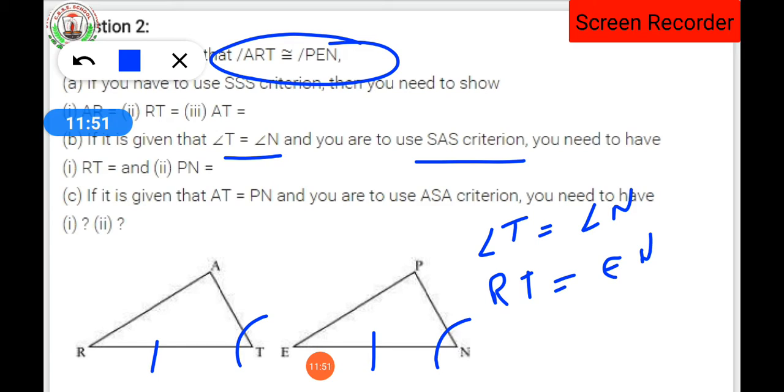Then PN will be equal to AT. Only then will the SAS congruence criteria be applicable.